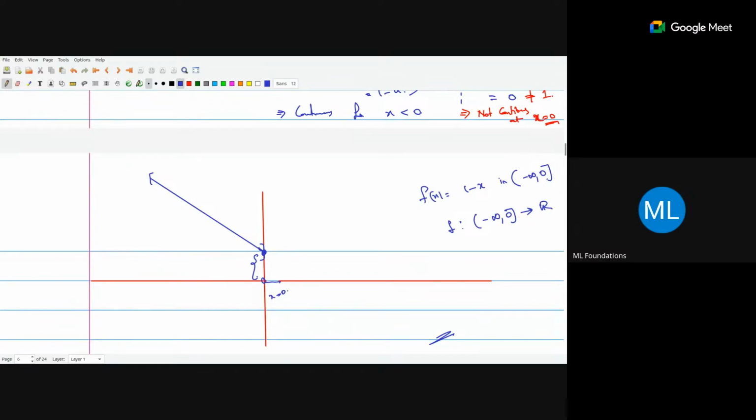At x equals 0 we have the function value and the left hand limit, but we don't have a right hand limit because we don't know how the function behaves to the right side of 0. It is not given here. So we only check the left hand limit and the function value.